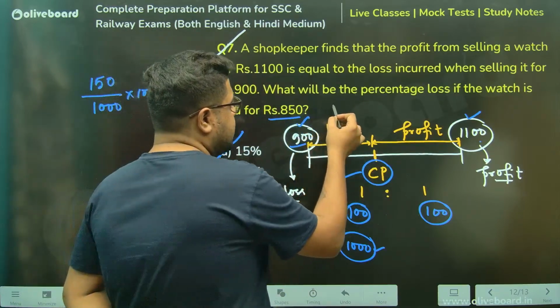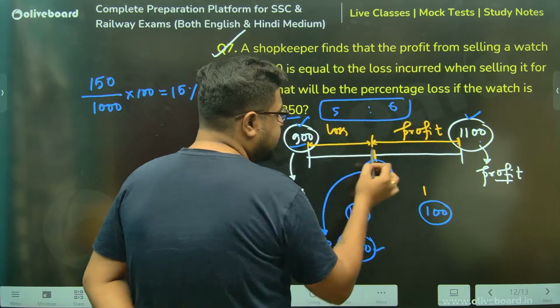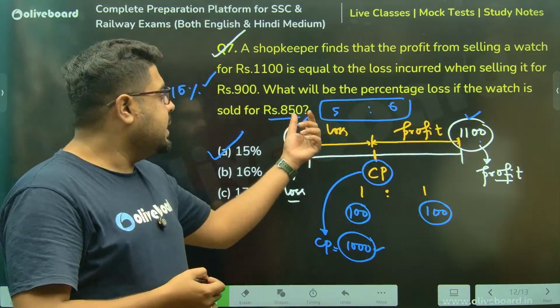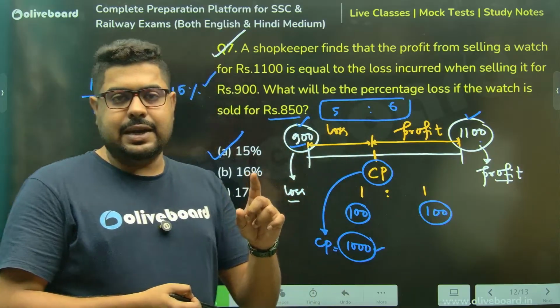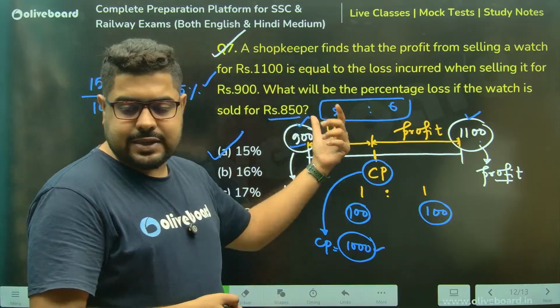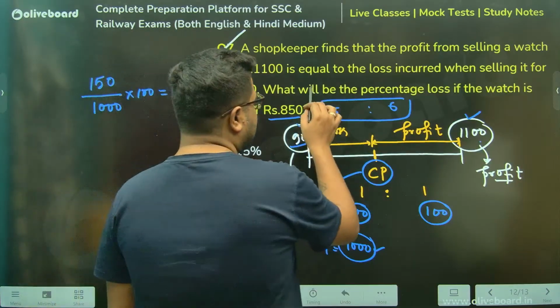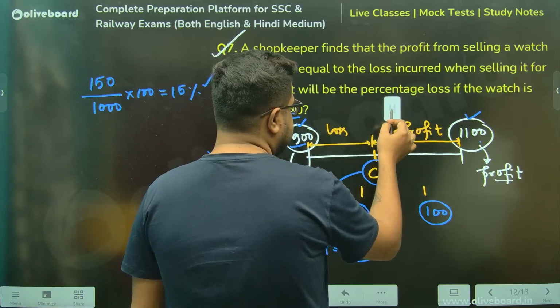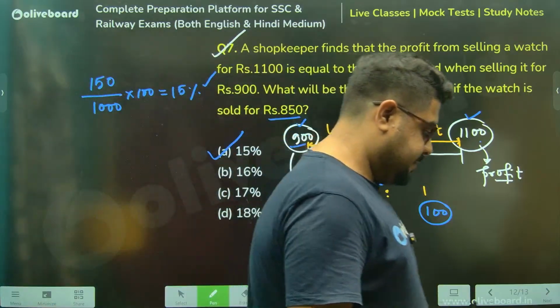Meaning, if the loss is 5, the profit is 6. So this difference of 200, you need to divide in 5:6 ratio. So that you can solve those questions in the same method, I've shown you this ratio technique. This 5:6 is just an imaginary value for understanding.